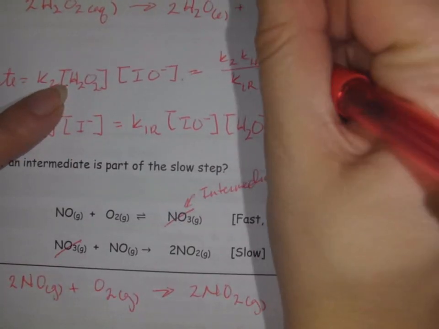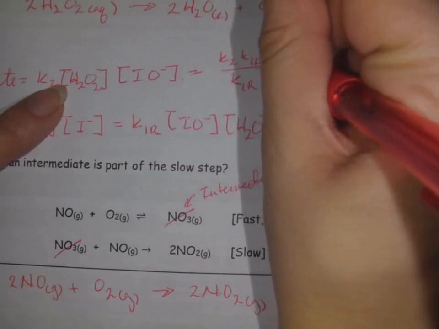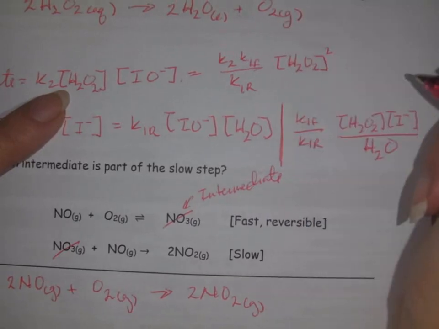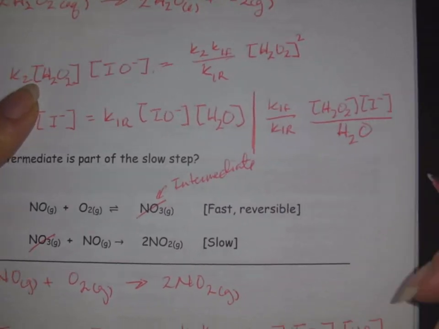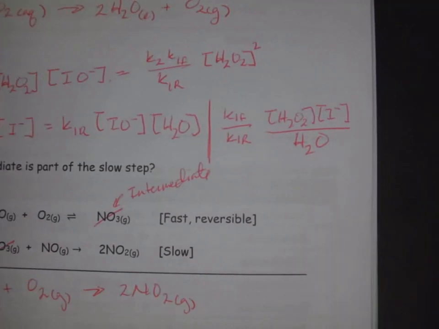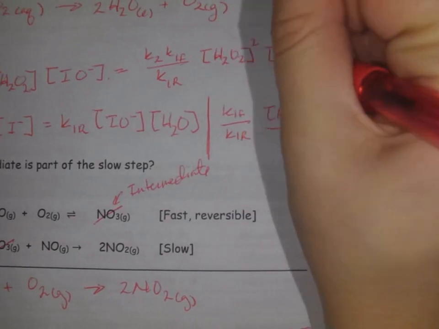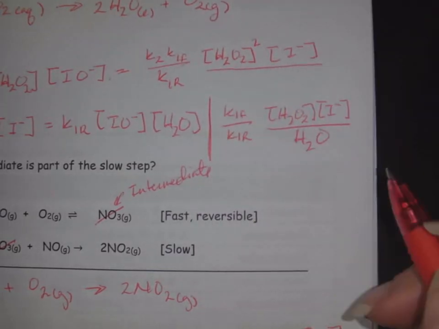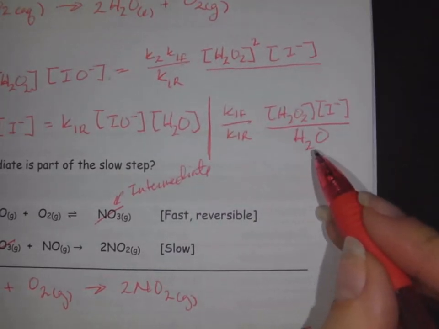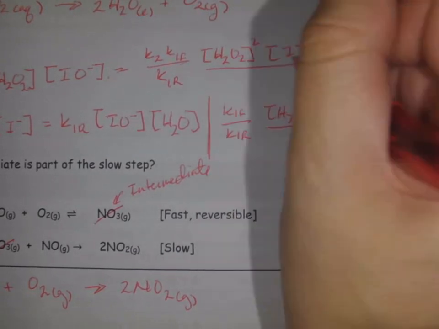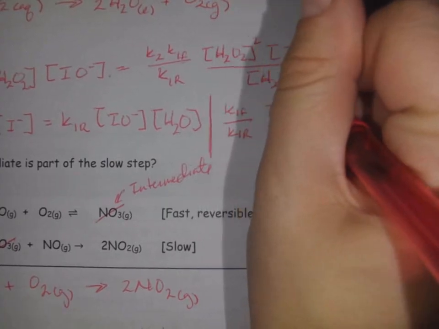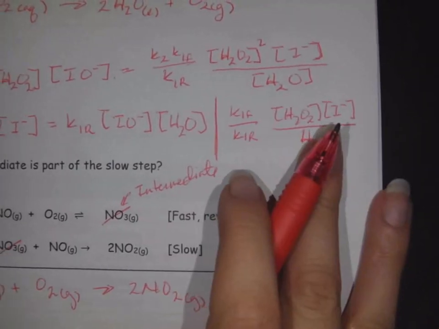So we're going to have concentration of H2O2 second order. Then we're going to have the iodine, I minus, and that's going to be divided by the water. That's there.